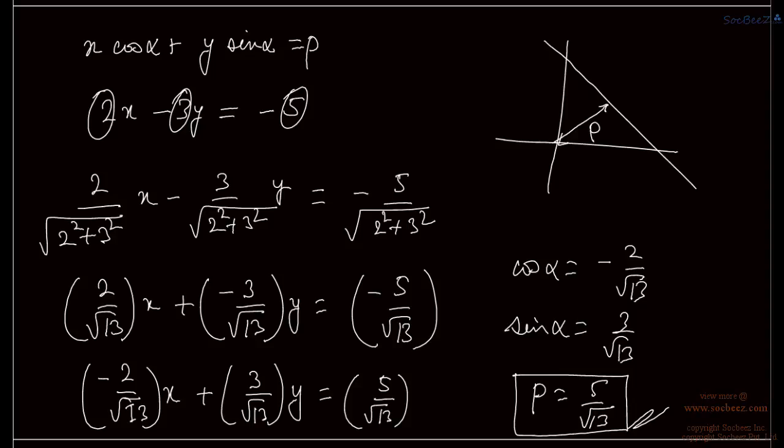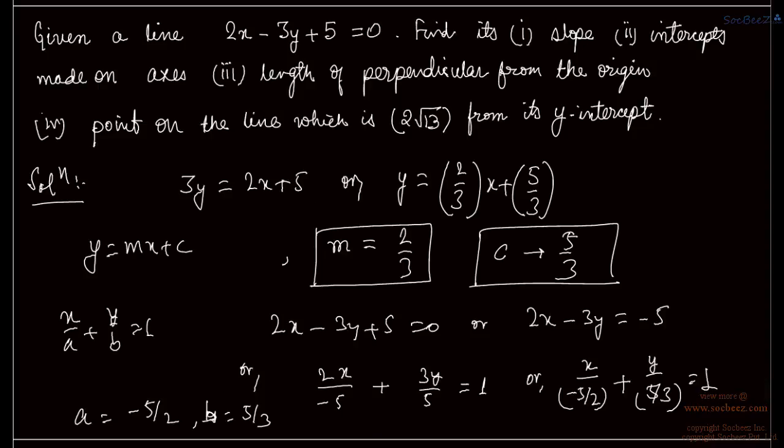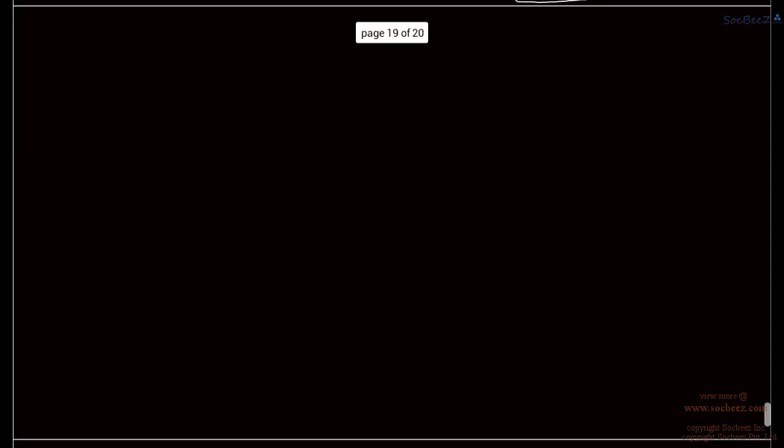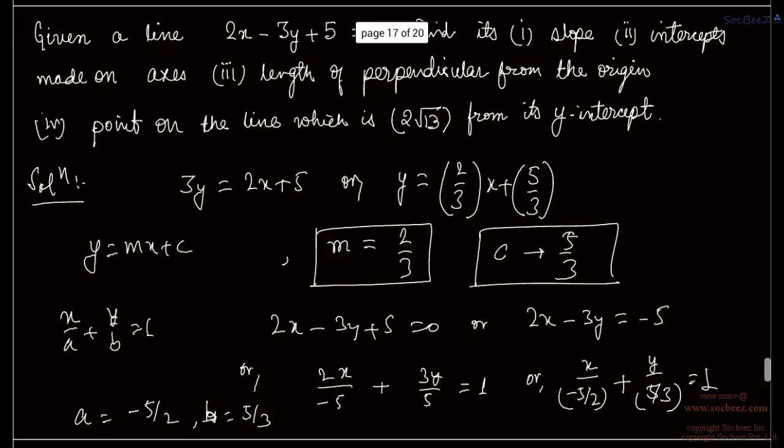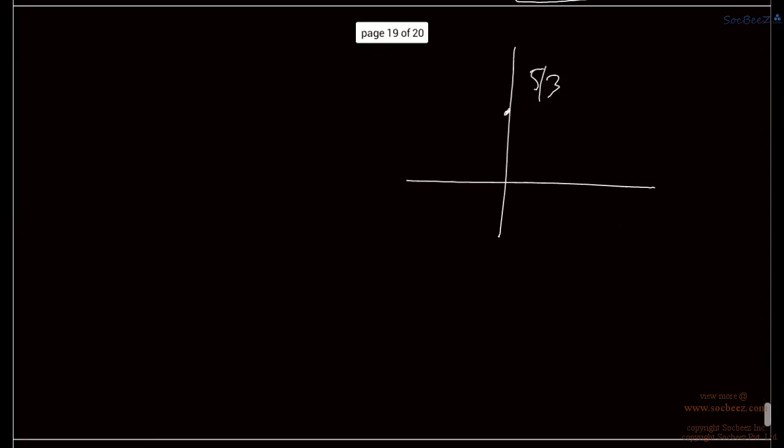Now the last part is to calculate the point on the line which is 2 root 13 from its y intercept. What is the y intercept? Y intercept is 5 by 3. Okay. So say this is the y intercept 5 by 3, and the slope of the line is 2 by 3. Okay.